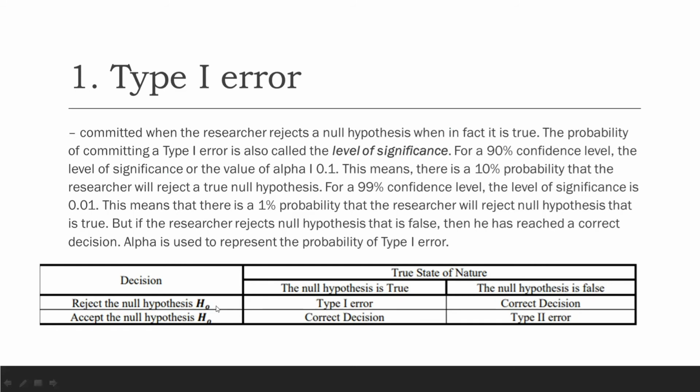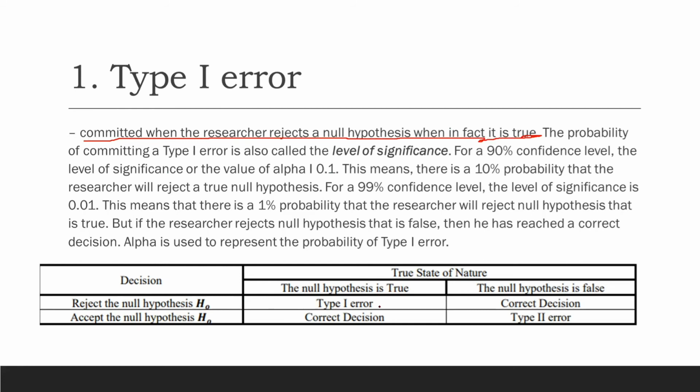So, if the researcher rejects the null hypothesis, so eto, if it is true, then, eto na yung type 1 error. So, kasi nga, kung makikita natin dito sa definition niya, committed when the researcher rejects a null hypothesis when in fact it is true.